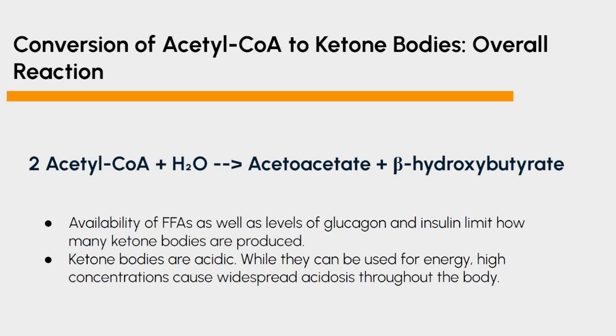The availability of FFAs, or free fatty acids, as well as levels of glucagon, which is increased due to insulin deficiency, limit how many ketone bodies are produced. Ketone bodies are acidic. While they can be used for energy, high concentrations cause widespread acidosis throughout the body.